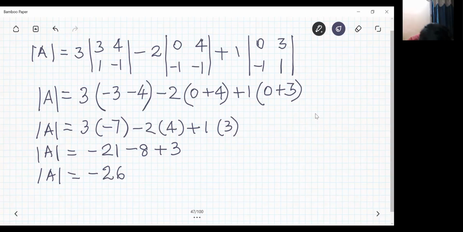Use that formula. i is the first number, j is the second number in the subscripts. So alpha 1 1 is equal to minus 1 to the power of 1 plus 1, determinant of M11.